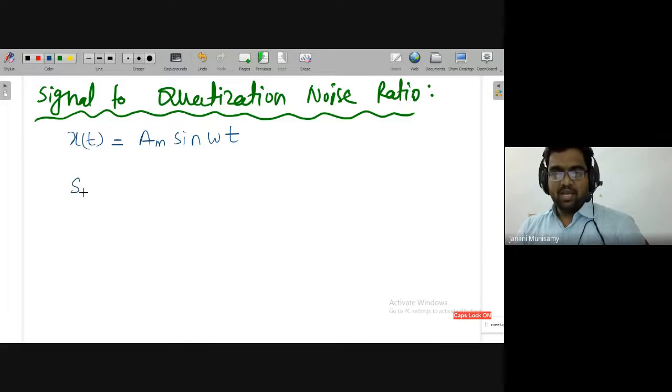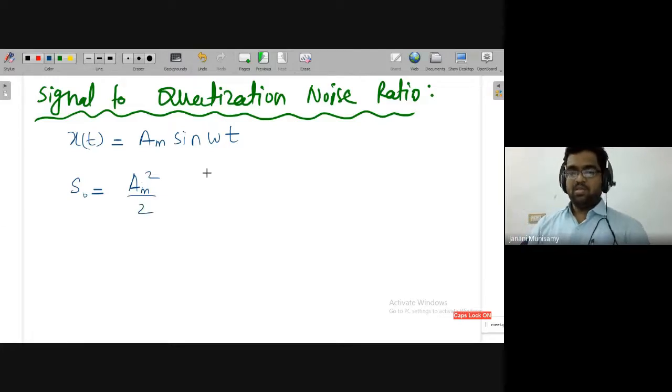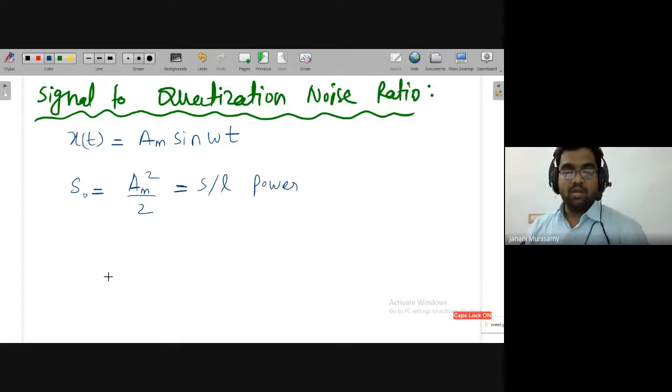You know what is the signal power of this signal? That is simply Am square divided by 2. This is the signal power, common formula. Then I want to find out the noise power. You do not know the nature of the noise, but you know one thing, the noise distribution.